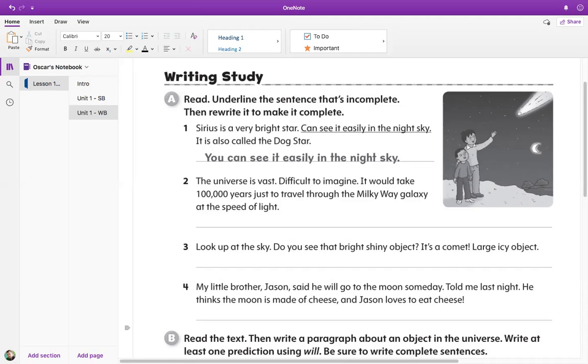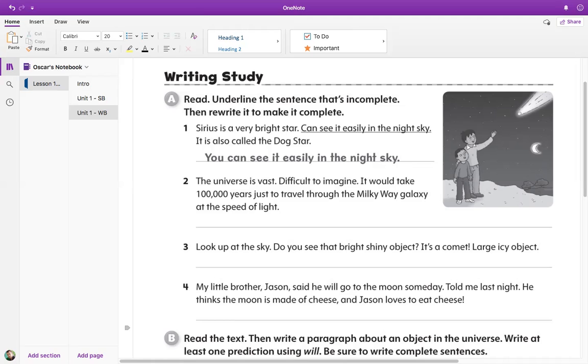So let's complete the first sentence of exercise A. What do we have to do here? Read, underline the sentence that's incomplete, then rewrite it to make it complete. So let's see the example that the book gave us.